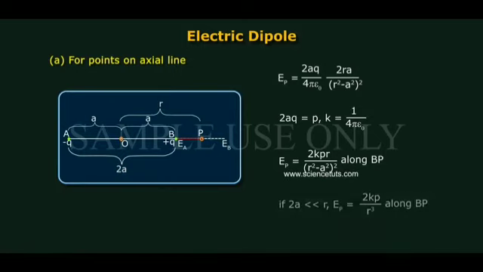A special case, if 2A is much less than R, EP is equal to 2 kp by R cube along BP.